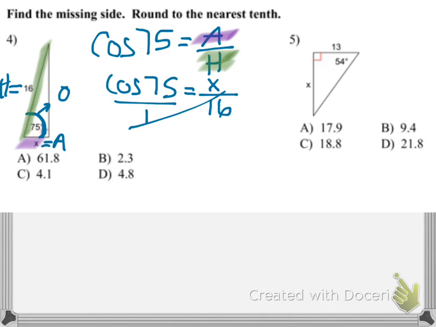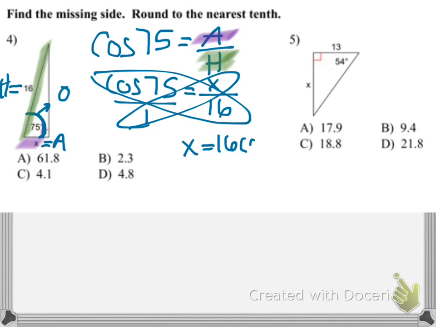Put that over 1 and cross multiply. x times 1 is x equals 16 cosine 75. I put this in my calculator, and I get 4.14, so 4.1 is the closest. And that would be your answer, 4.1.